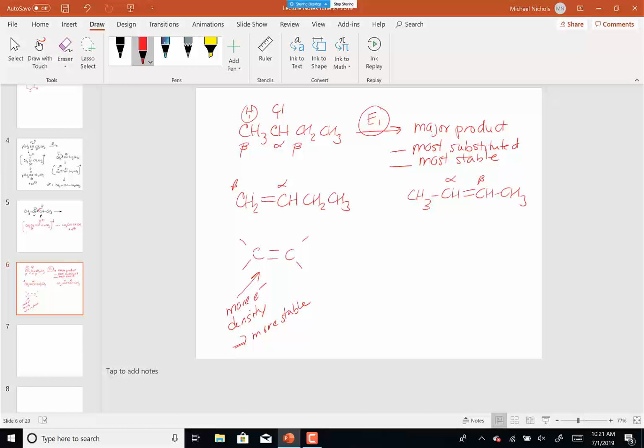And what kinds of groups push electron density? Well, we saw that when we looked at carbocations. What type of carbocation is the most stable? Tertiary. Why? Because it's got 3 alkyl groups on it. What are those 3 alkyl groups doing? Pushing electron density into the plus charge, getting it closer to 8 valence electrons.